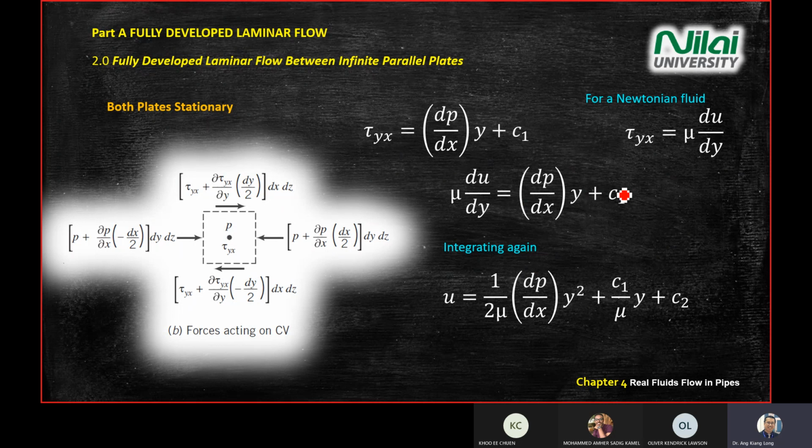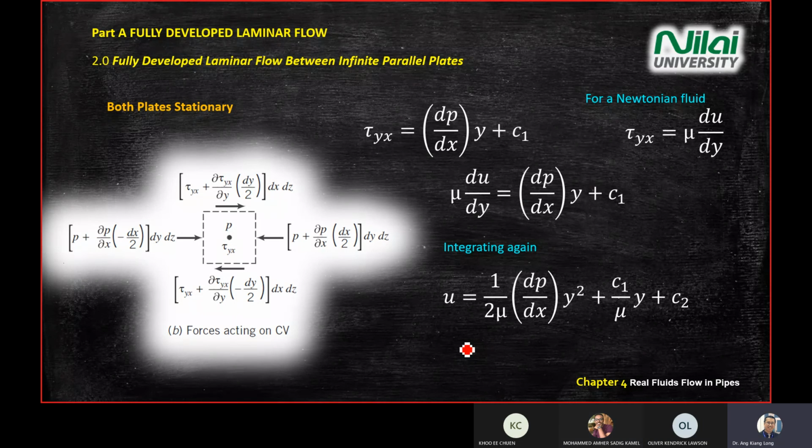Plus, you integrate the constant value with y, so you add a y behind there. And remember, you carry the mu to this term here. That's why you see C1 divided by mu times y, plus C2. Do you understand why you get this equation? Oliver, is that all right for you?